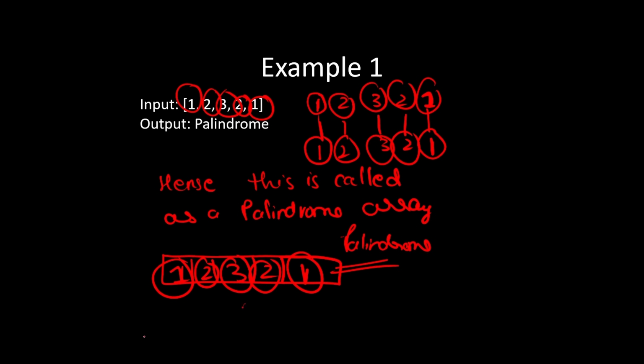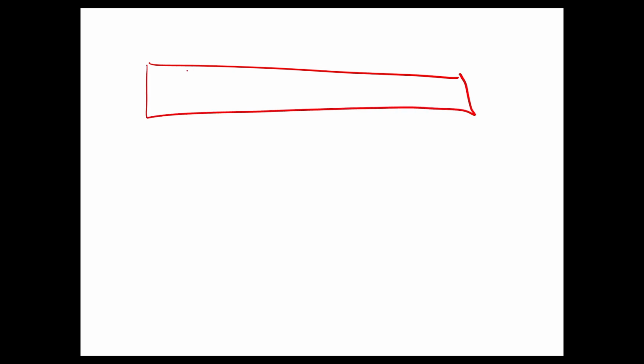Now we will see the optimized or good approach. Suppose this is an array, like 1, 2, 3, and 1, 2, 3. We should not create an extra space in this.